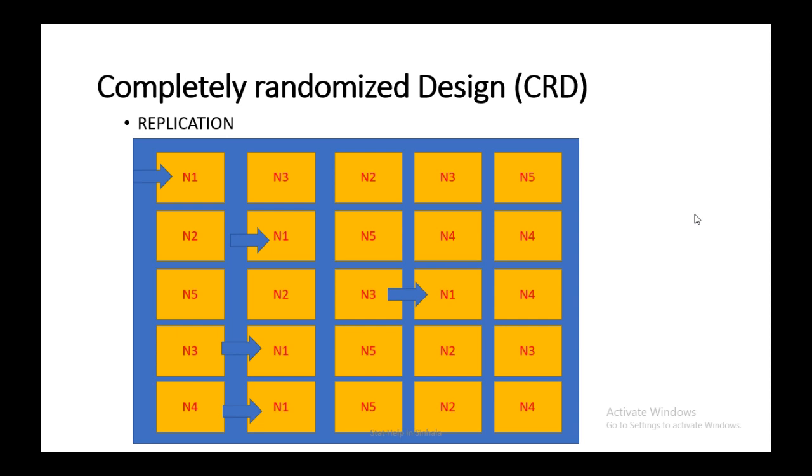For applying this, the other requirement is that all the experimental units should be homogeneous. Before going to that point, I think it is better to identify what an experimental unit is. An experimental unit is the smallest unit to which the treatment is applied.